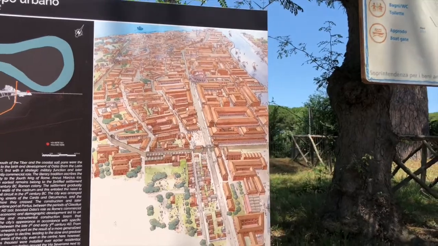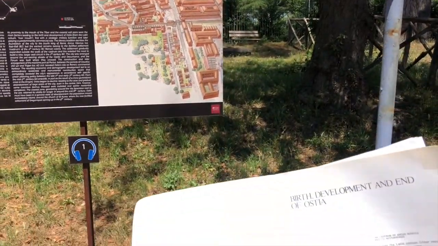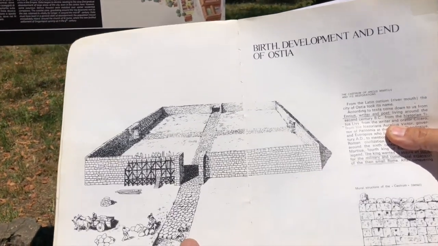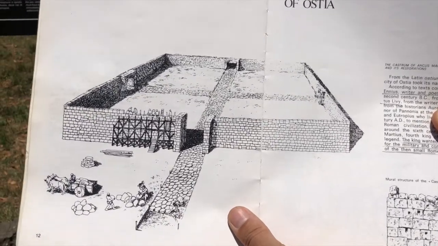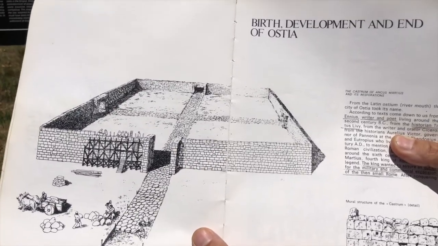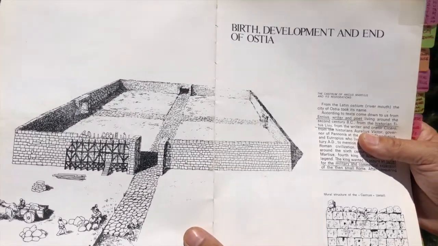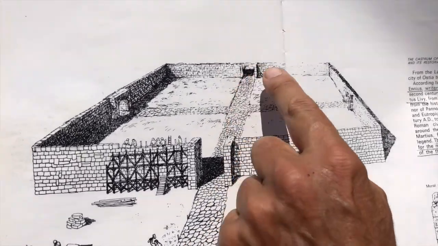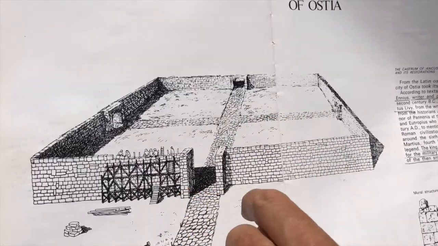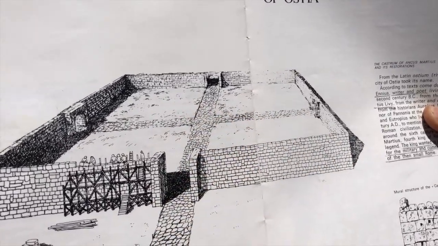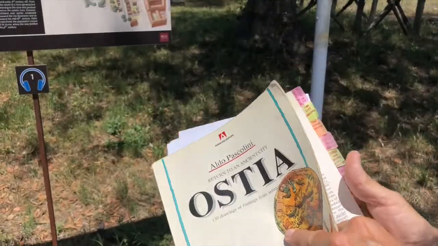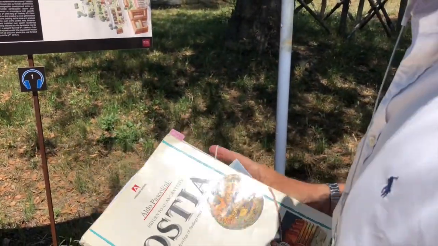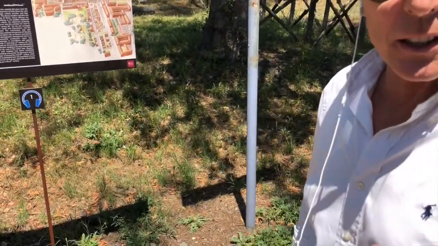To give you an idea, I have over here a sort of picture, a description that shows you the castrum. This used to be a typical castrum that the Romans built at the beginning. It was a sort of Roman camp. You see the city walls, the two streets, the Decumano Massimo and the Cardo Maximo. At the intersection there used to be the Forum, and consider that according to what we know, Ostia was settled by the fourth king of Rome.